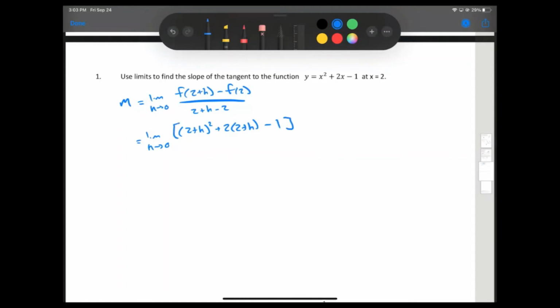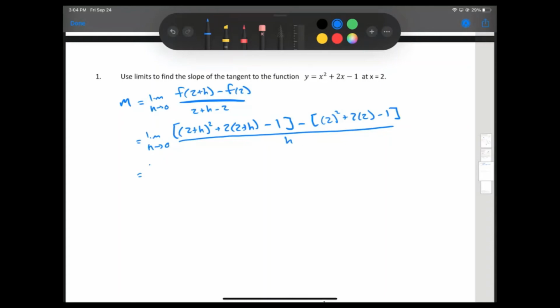So that's my f at 2 plus h minus f at 2, which is actually a lot shorter to write. That's just 2 squared plus 2 times 2 minus 1. All over h.